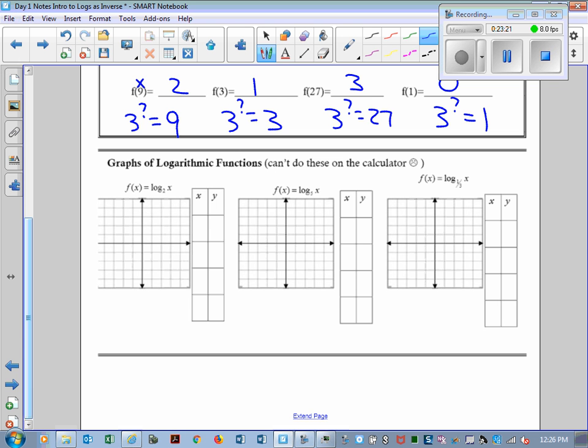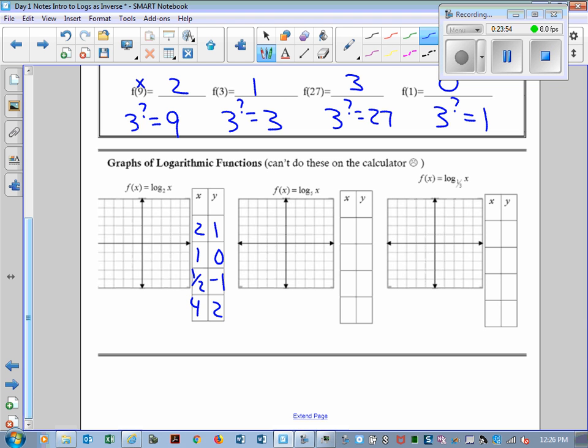Okay, so now, we just said that the log is the inverse of the exponential, right? So flip over the other page, and what are the inverse of the points we found? 2, 1, what else? 1, 0, what else? 1/2, negative 1, and? 4, 2. Okay?